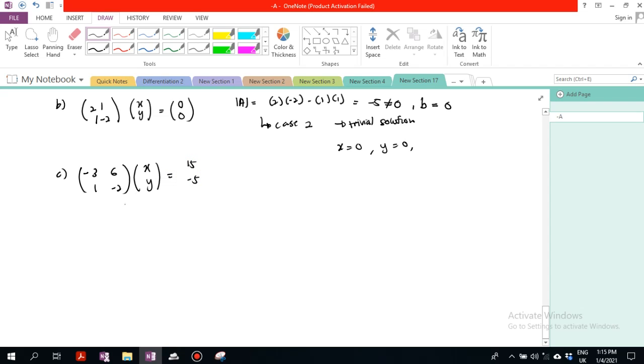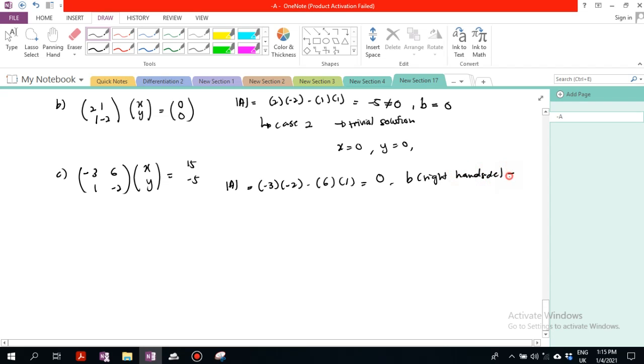First of all we need to calculate the determinant of A. You will get negative 3 times negative 2 minus 6 times 1, so you will get 0. Meanwhile your right hand side is not 0, so automatically we know this is under case number 3.